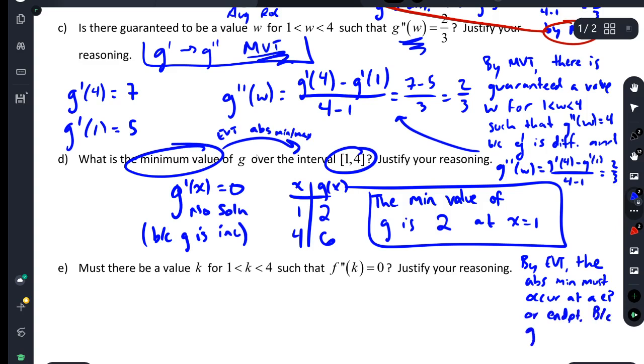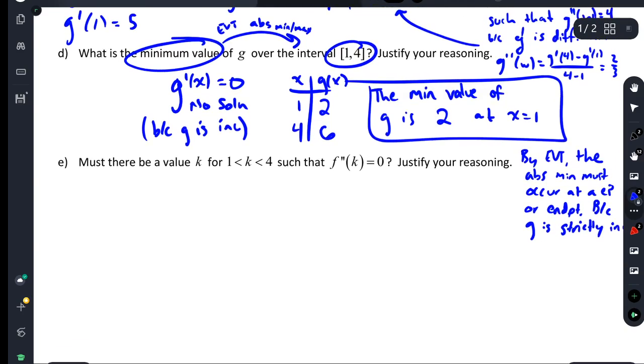Because G is strictly increasing there are no critical points, there are endpoints. And the min must occur at, say, G of 1 equals 2.